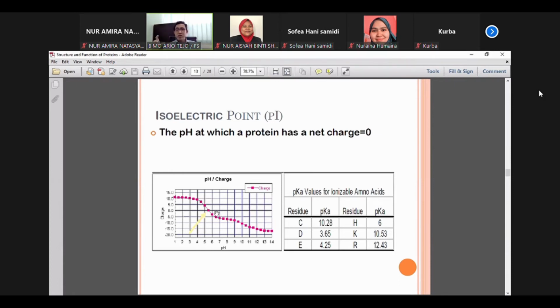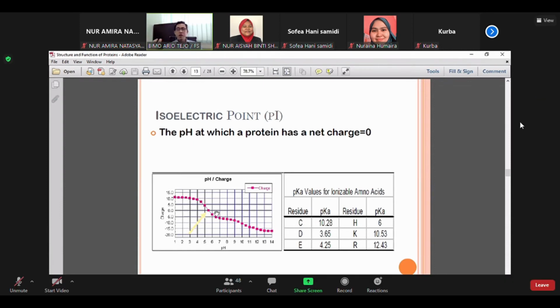Because of that water channel, our kidney works. Without water channel, our kidney will not work, our blood cell will burst, and the pH of our body will not stay at pH 7.